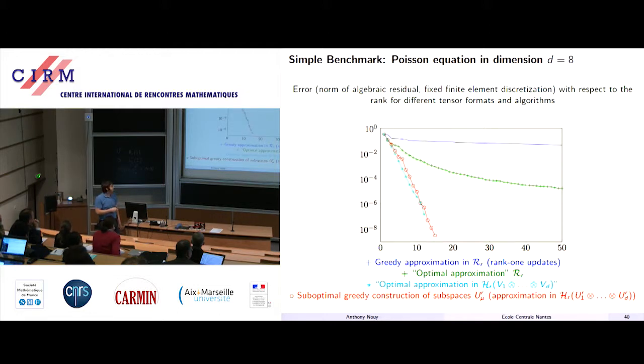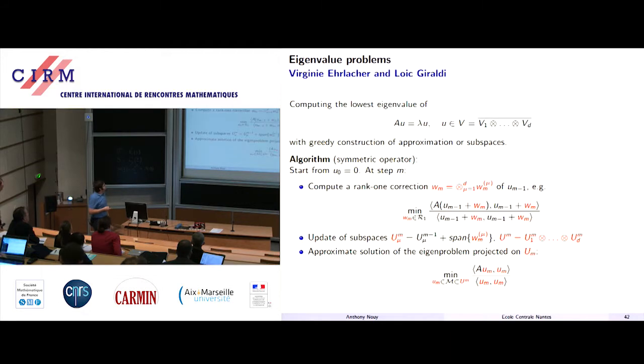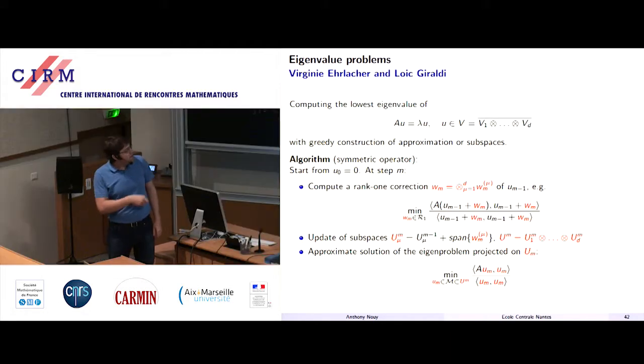Okay? So you have this quasi-optimality which is observed here, and I come back to the open questions in the previous section. There is an open problem here to prove, in fact, this quasi-optimality property of this kind of subspace-based algorithm.